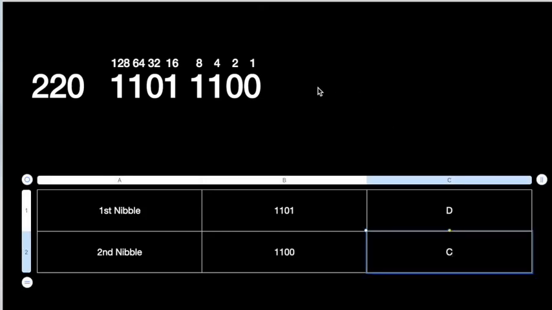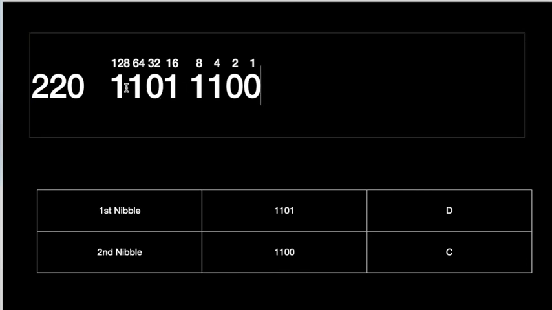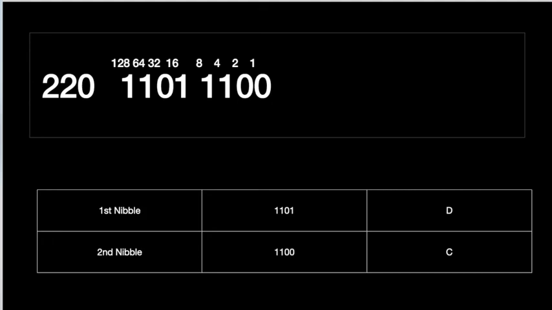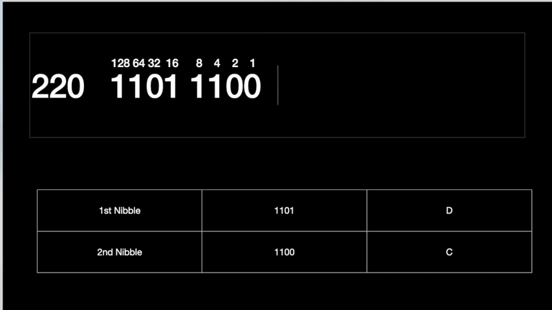So pretty simple, what we got over here is the first nibble got converted into the hexadecimal character D, and the second nibble got converted into the hexadecimal character C. So in short, the conversion comes out to be DC. That's it. Finished. So we have the number 220.